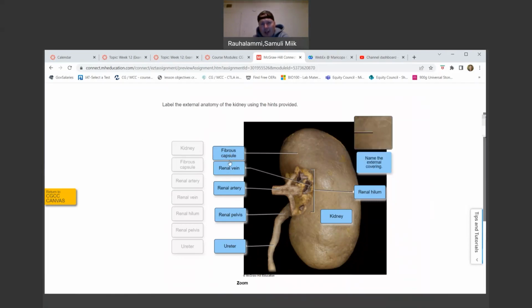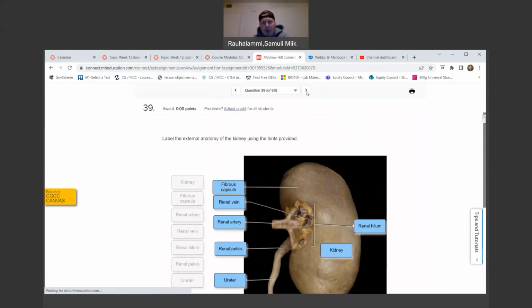It's often a good sign to look for the adipose tissue around those, that might be helpful. Renal hilum, referring to this concave area on the medial aspect of the kidney. And of course, we're seeing the renal pelvis, which was this funnel-like structure that collected the urine from first minor and then major calyces and carried it out to the ureter.